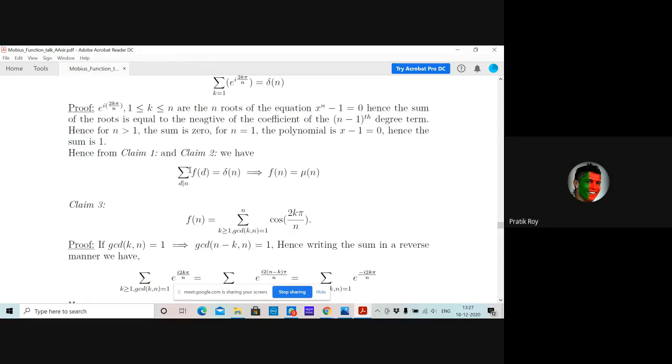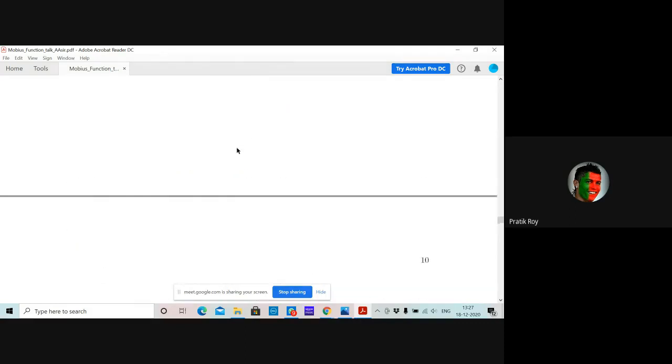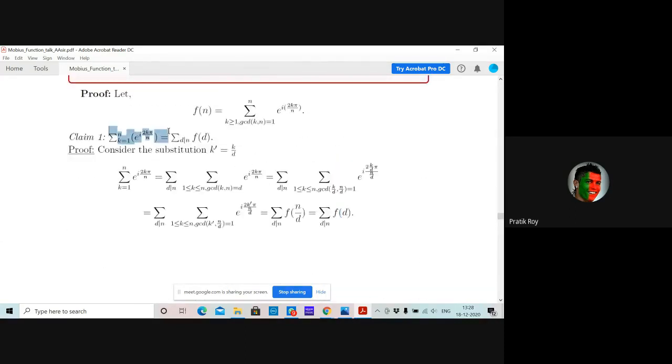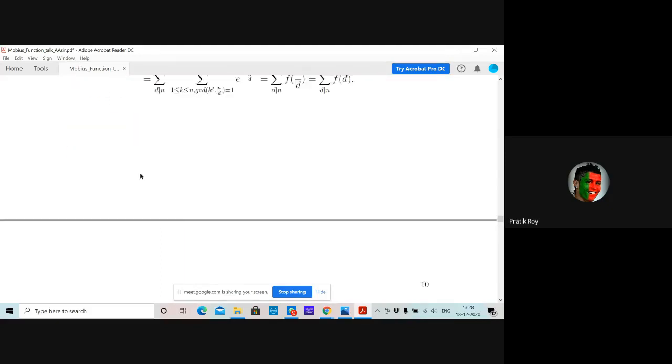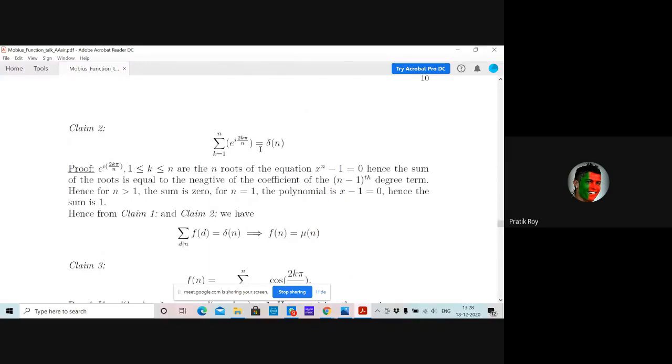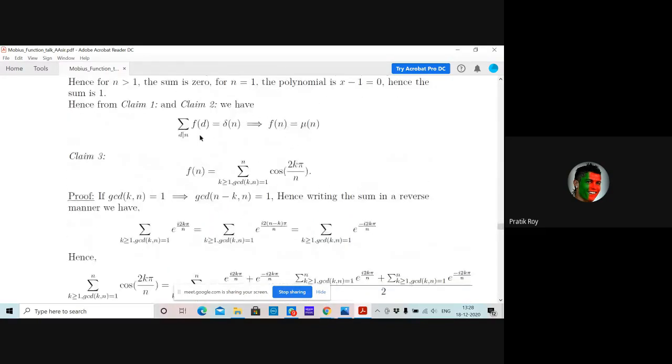We have the summation over d dividing n of f d equal to delta n, because the summation over d dividing n of f d is equal to the sum of e to the power 2k pi i by n over k equals 1 to n, and the left hand side is equal to delta n, as we have proved. So the summation over d dividing n of f d equals delta n, and it can be written as the summation over d dividing n of f d times 1 of n by d, because 1 of n by d is 1 for all n. So it is basically f star 1, which is equal to delta n, and we know that the only function to satisfy this property is mu, so f n is equal to mu n.